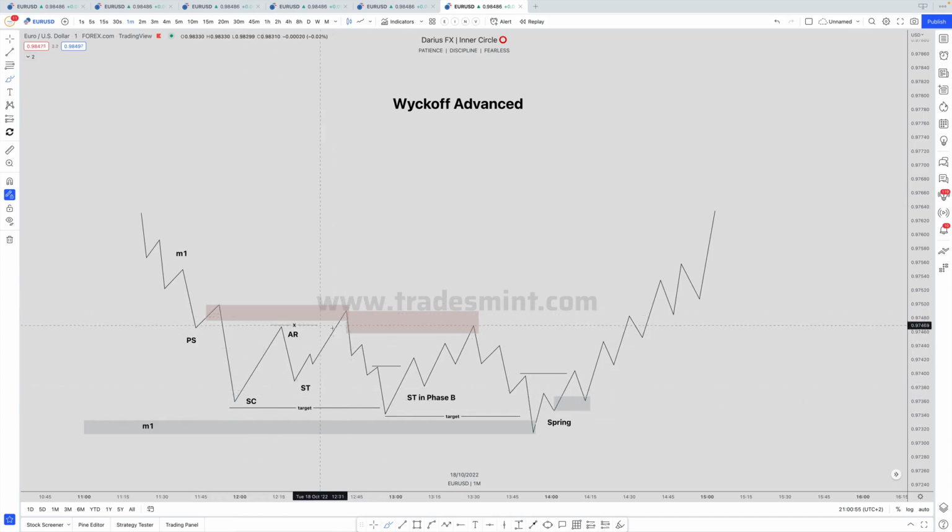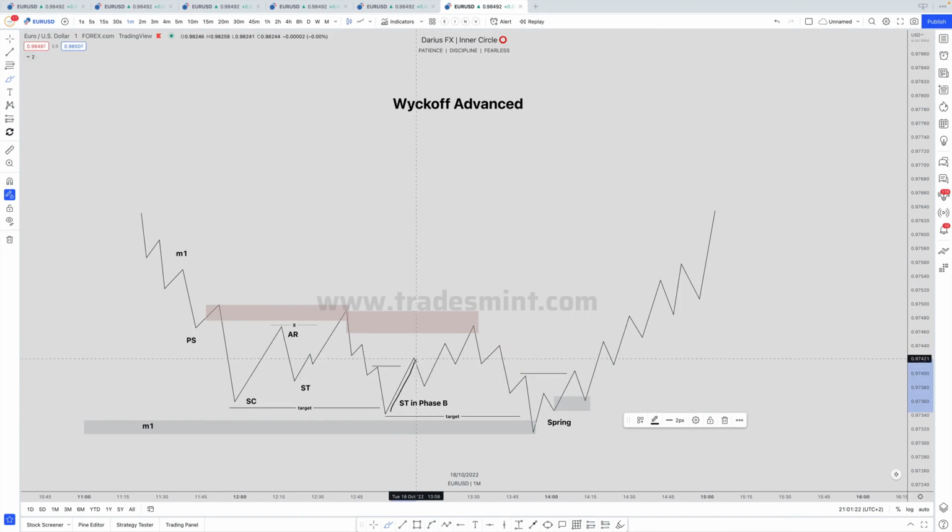Okay, so furthermore, price will then go down lower and will hunt, of course, the selling climax and create the secondary test in phase B at this point here. Okay, so this is the low. Now many think that because price took out the low and is starting to break structure here, it needs to go up, right?